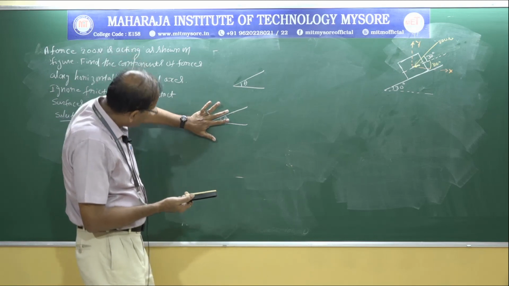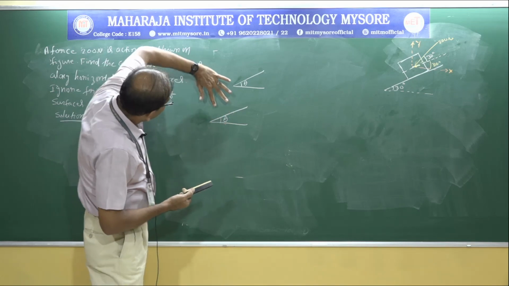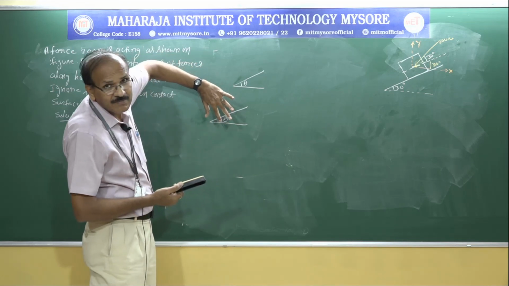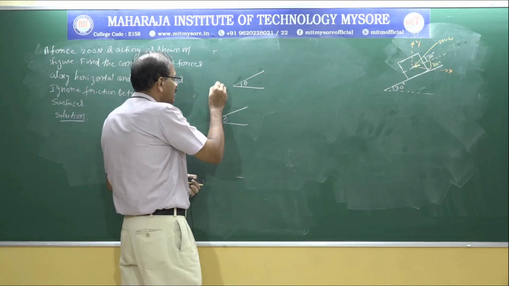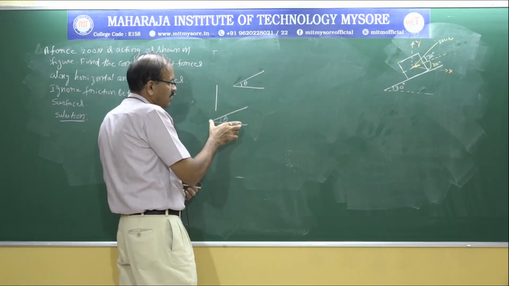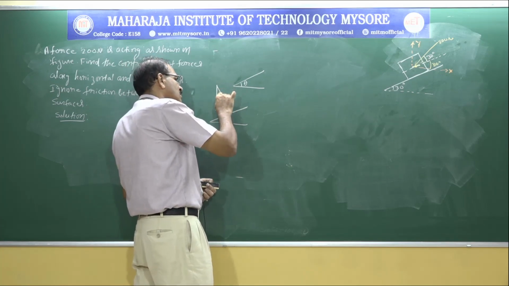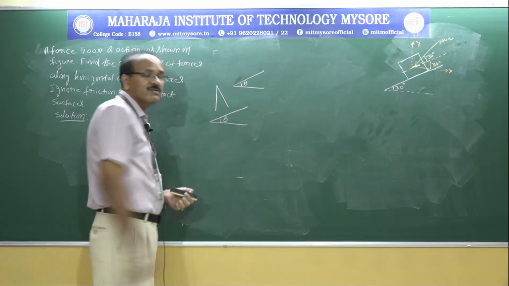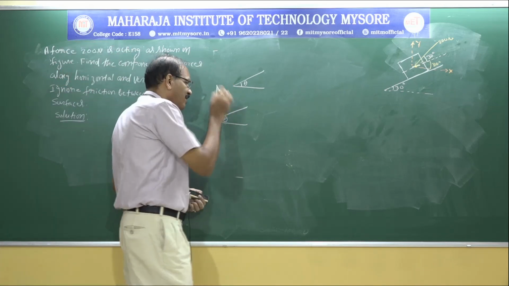Similarly, if I take another copy and turn it 90 degrees, so that one line becomes vertical and the other becomes like this, what is this angle? Again, it is angle theta.